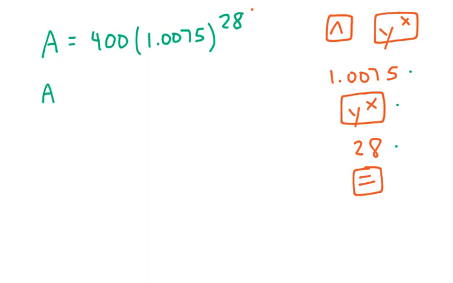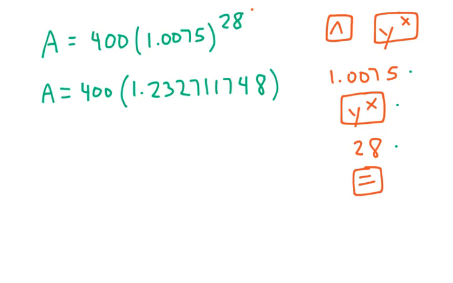So I'm going to write down what I've got here, which is A equals 400 times the result of when I raised 1.0075 to the 28th power, which was 1.232711748. And the reason I'm keeping all those decimals is I want my answer to be as accurate as possible. So I'm not going to do any rounding until I get to the very end.